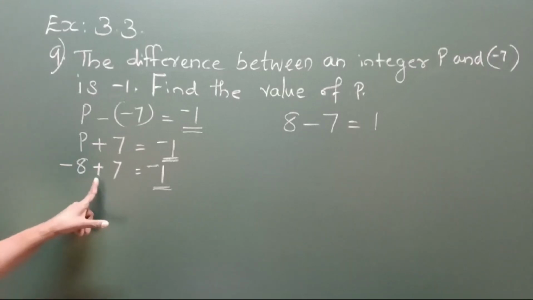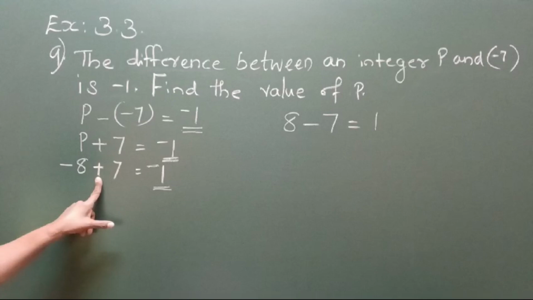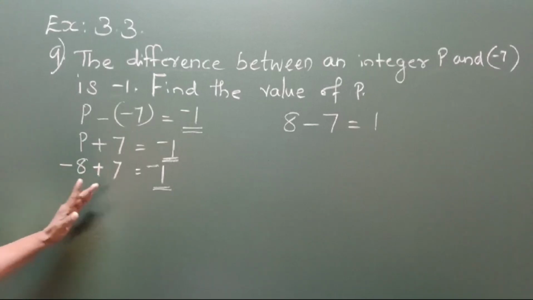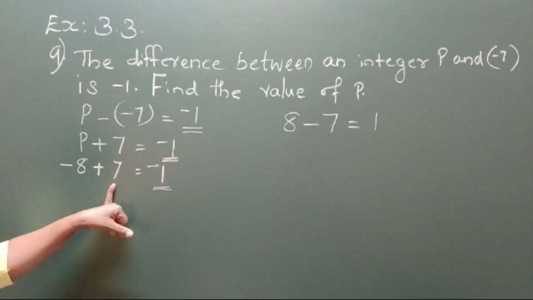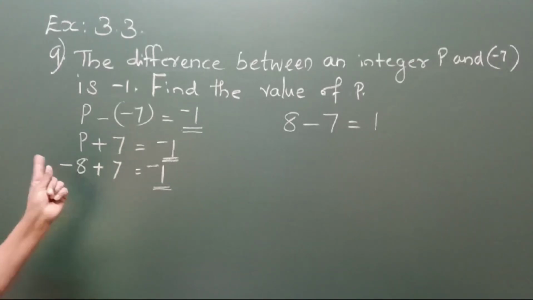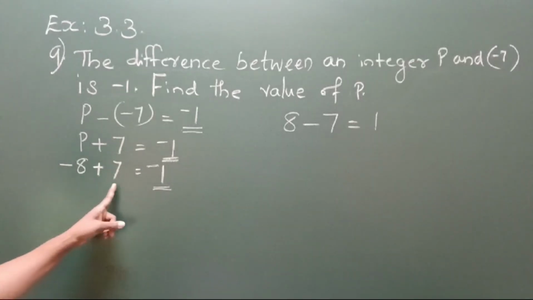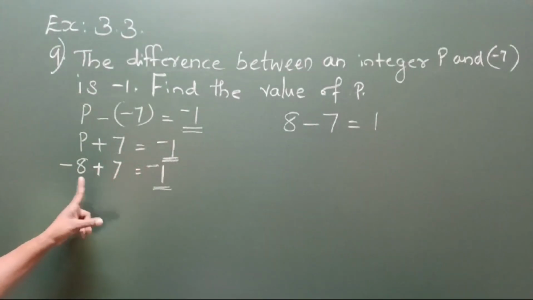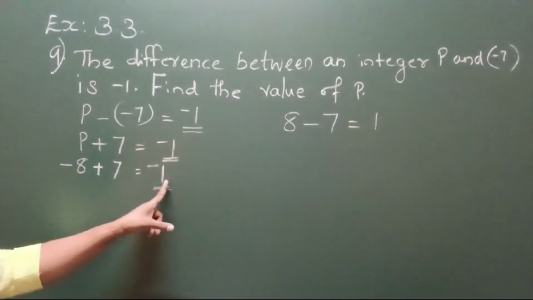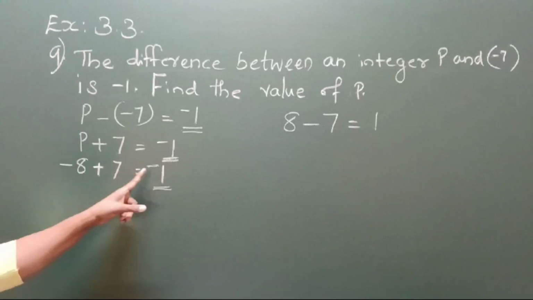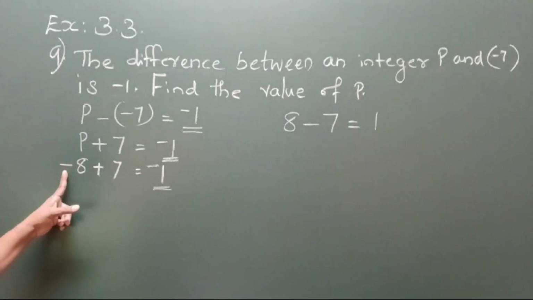Then here the symbol is given plus, and this is also a positive integer. So p should be greater than 7. When two different integers come, what do we do? We find the difference of that. The answer is given here, 1. That shows that it is greater than 7 and the difference should come 1. So it is 8. And the greater number's sign is minus here.